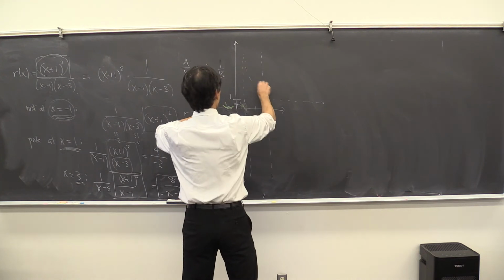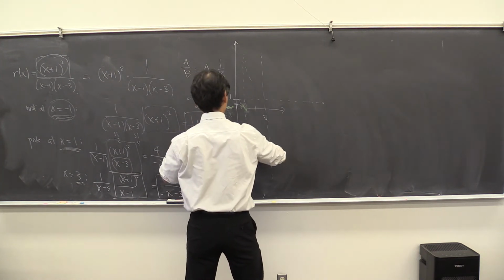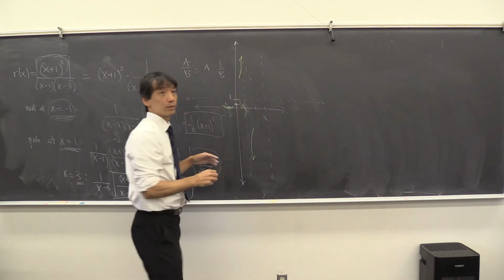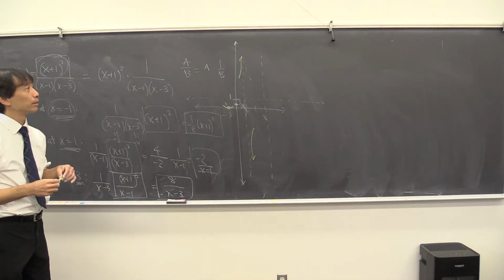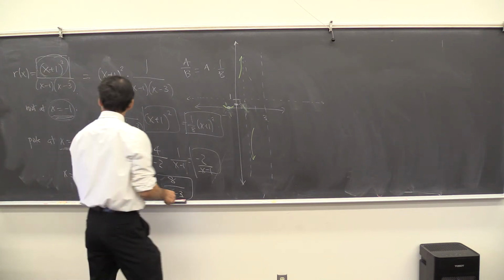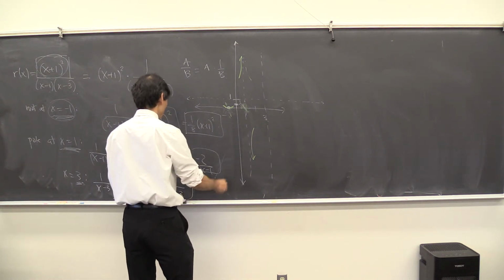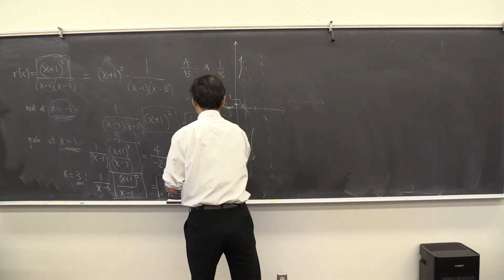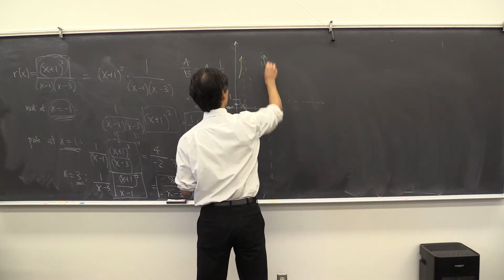We look like the 1/x function, but turned upside down. So it looks like this, like this. And then at 3, we look like the 1/x function.